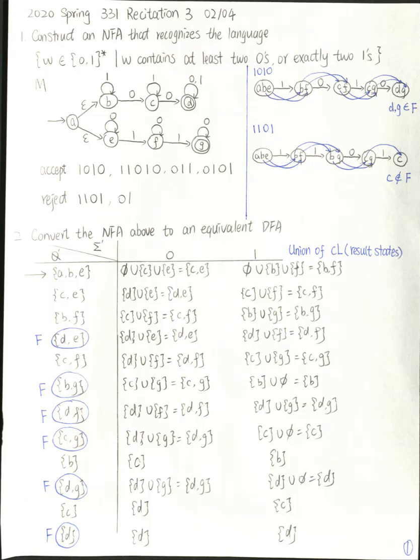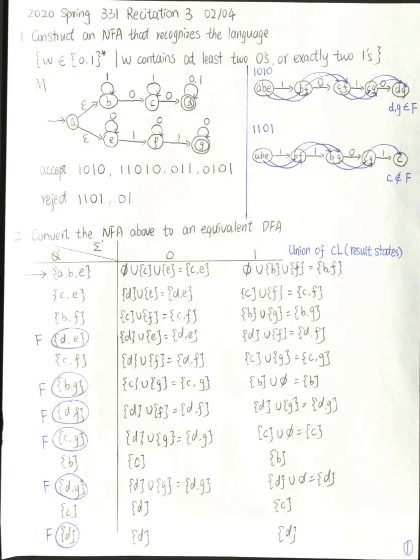So from A, B, E, if I read a 1, I can reach B and F. Because from B, after reading a 1, I stay at B. And from E, after reading a 1, I reach F. So this BF is the set of states that can be reached from the set of states ABE after consuming a single 1.